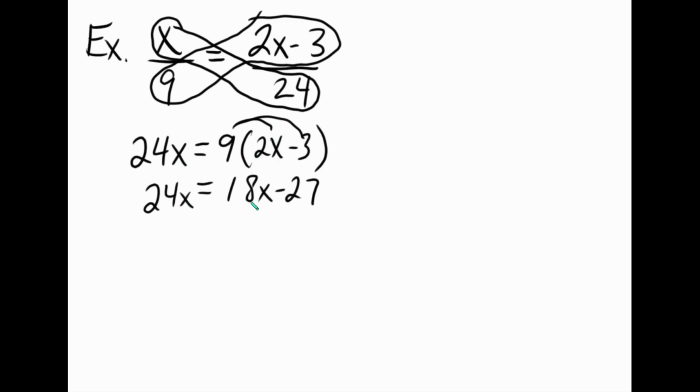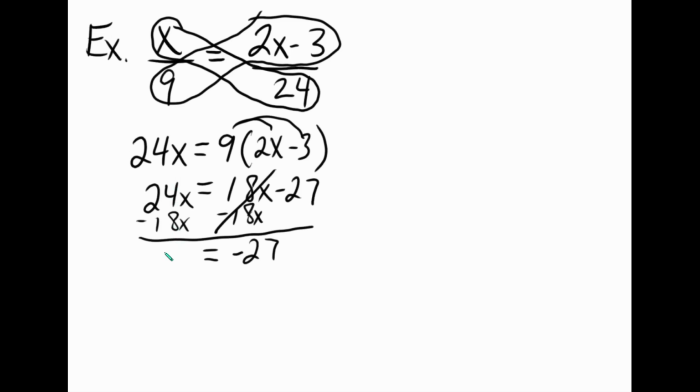I have variables on both sides of the equal sign, so I want to pick on the little guy. I want to get 18x moved to the other side. Since it's positive, I'm going to subtract 18x on both sides. Cancel here. I'm going to bring down the 27, but notice the subtraction symbol here that needs to follow down with it.